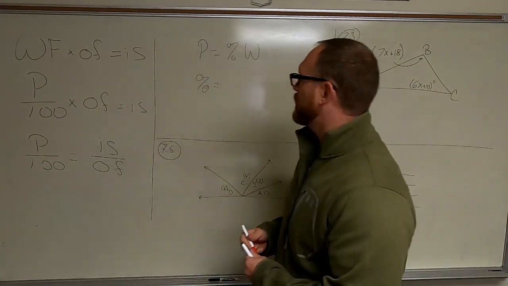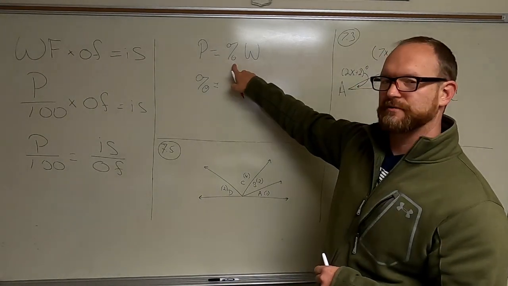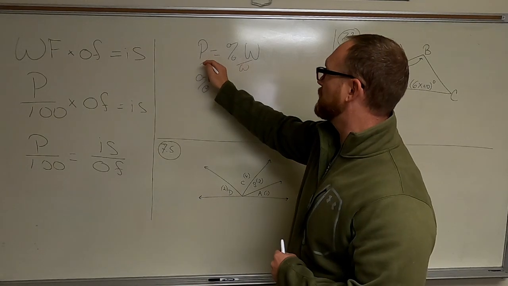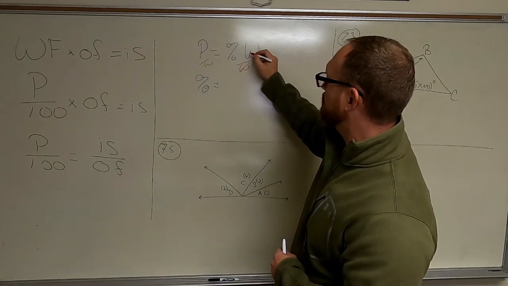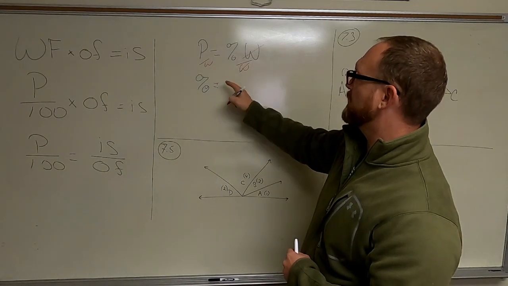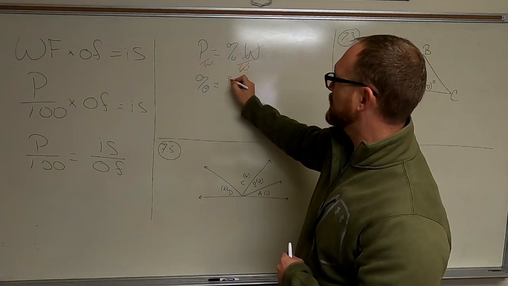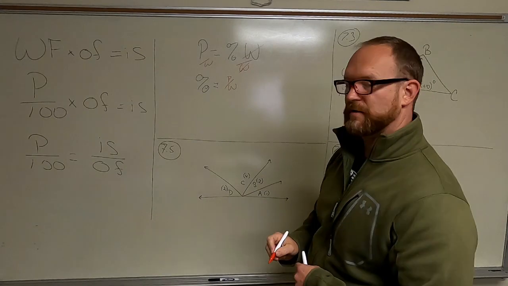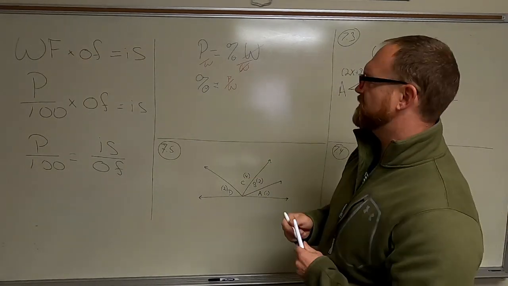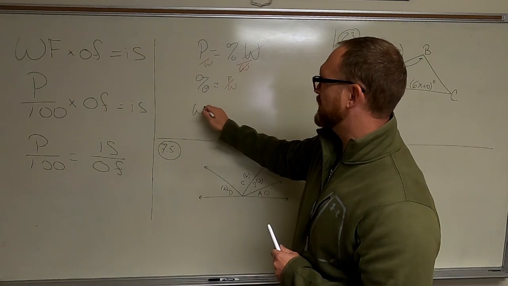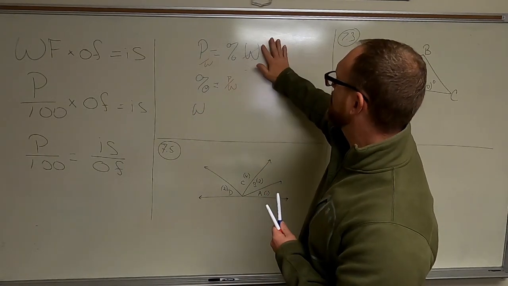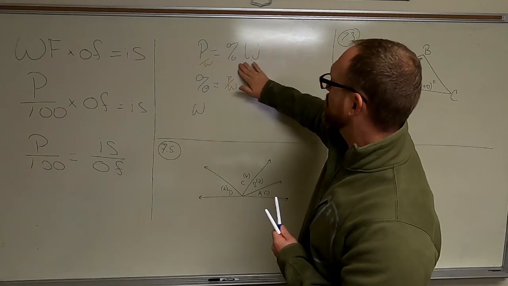I'd say I need to get percent by itself. Now, how do I do that? Well, if I divide by W on both sides, my W's will cancel here and here, and then I'll have percent equals part divided by W. And I can do the same thing if I'm looking not for the percent, but for the whole.